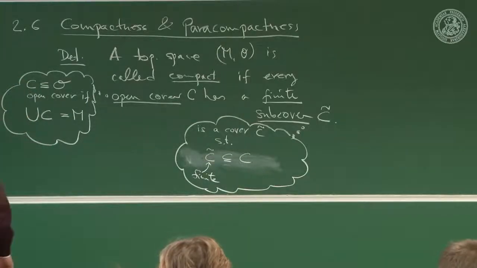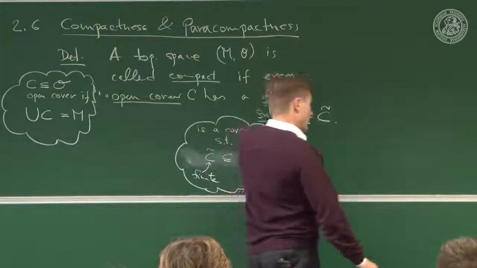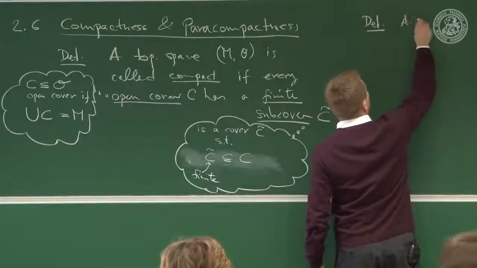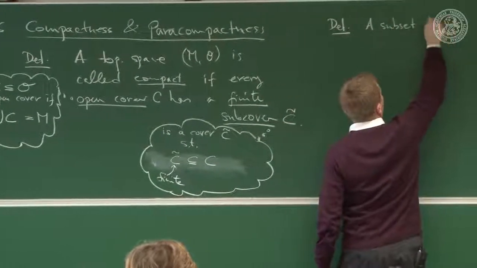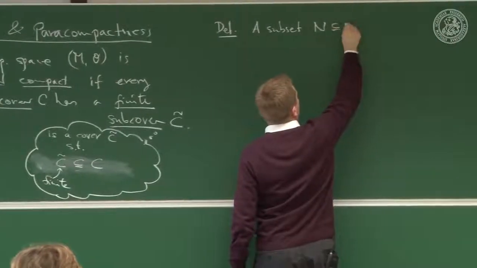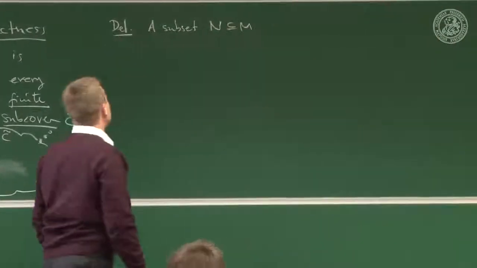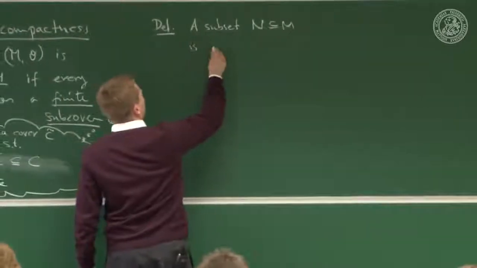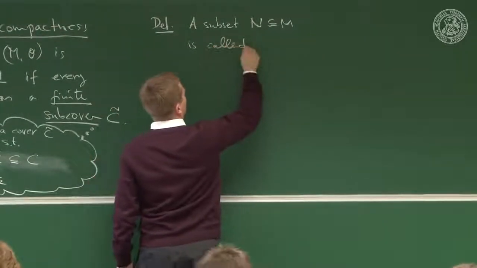That's a compact space. And very often one wishes to look at a subset. Definition: a subset N in M of a topological space M, so we still have the topology on M, is called compact?